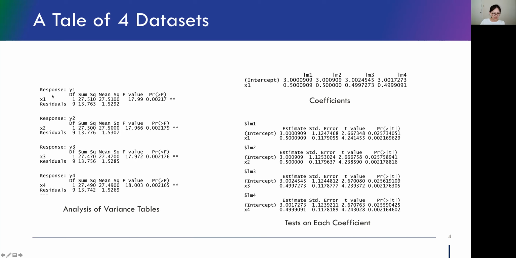What if we built a regression model for each of these 4 data sets? Looking at the summary, this is a bit busy, so let's just start from the left-hand side. This is your regression model. When you do a summary, you will see this. By the way, sorry, this is the ANOVA table.